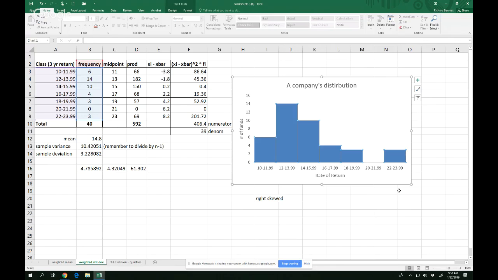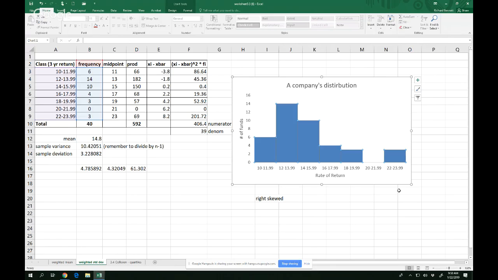Can I use the 68, 95, 99 rule on this? Probably not. I should use that Russian guy's name, Chebyshev. 1 minus 1 over k squared. On this, because it doesn't look normal. It could be, but it doesn't look like it.